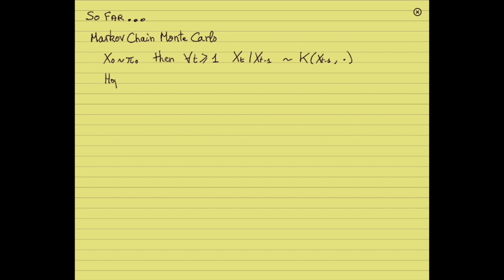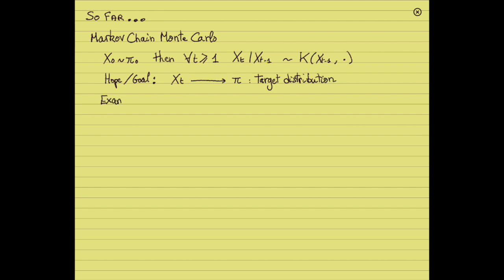And so the design of the algorithm that translates into the design of the kernel is such that we hope, or the goal of this is that the Markov chain xt would eventually converge to the target distribution pi of interest.